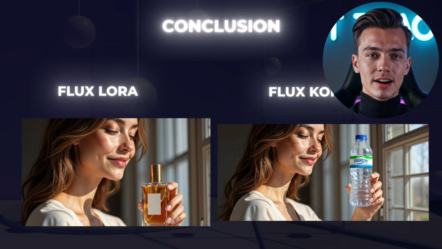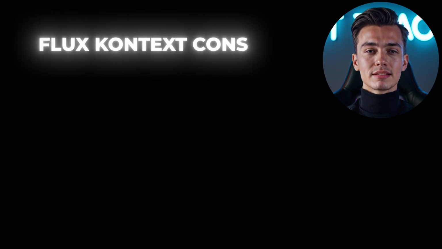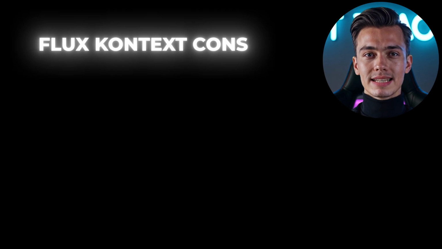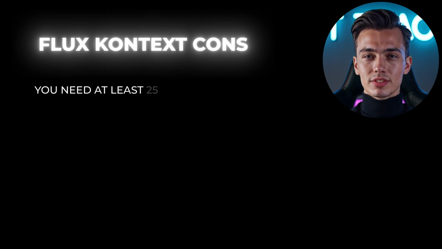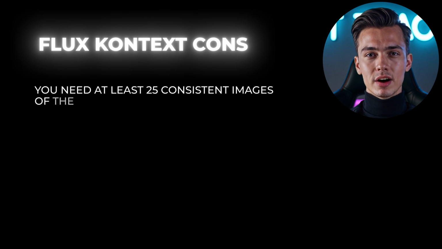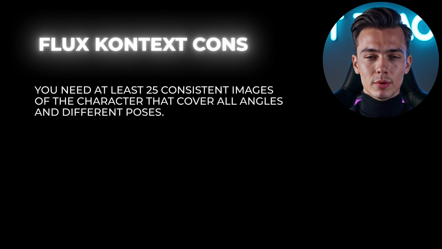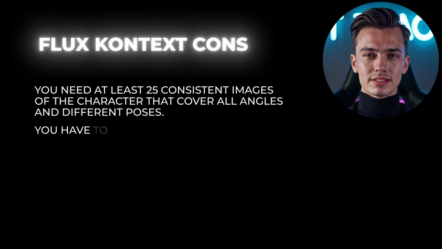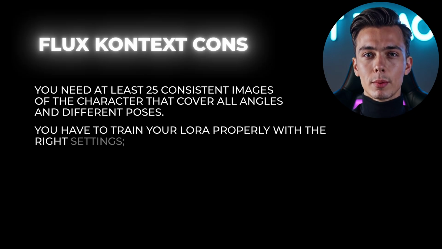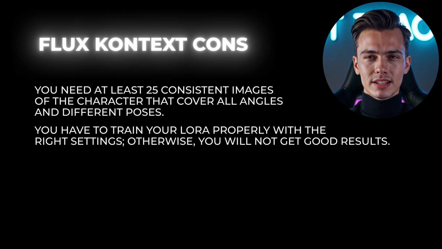Okay, I have already covered all the pros and cons of Flux Context, but there is also a downside of Flux LoRa. It's very hard to prepare a dataset to train the LoRa model. You need at least 25 consistent images of the character that will cover all angles and different poses of the character's body. And even after getting those images, if you don't train your LoRa properly with the right settings, you will not get good results out of that trained LoRa.